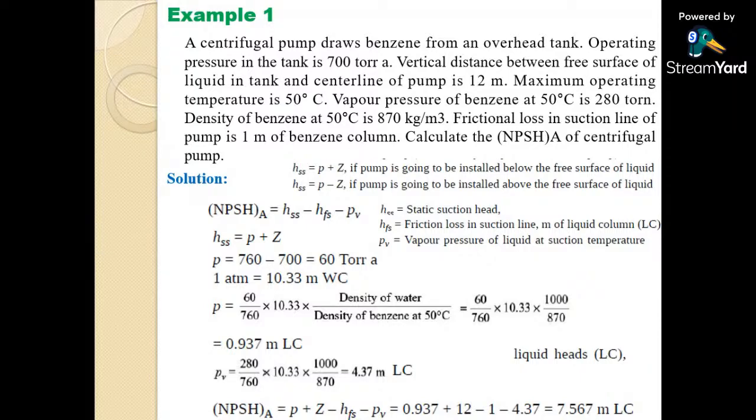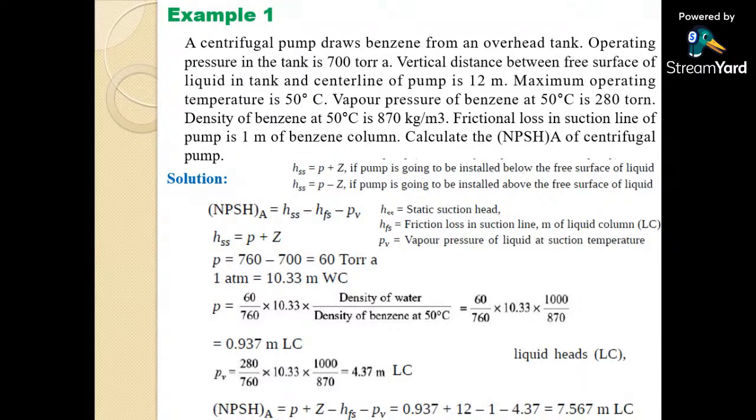Sometimes it will be feasible to install a pump at the base level. Sometimes it may be installed directly above the tank or below the tank. So there are a lot of factors like gravity or the layout or the location of that plant along with the infrastructure. So this location of the pump will change.